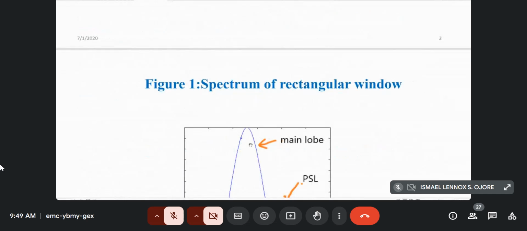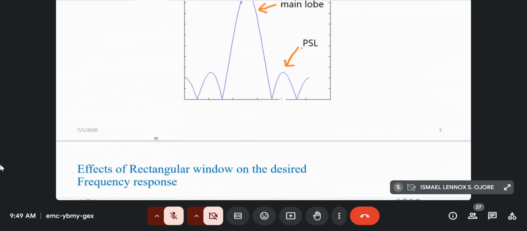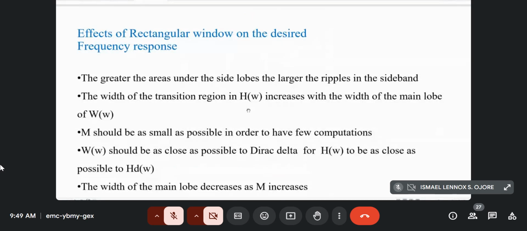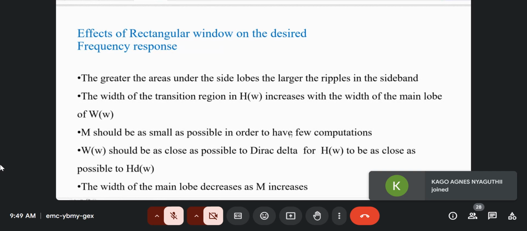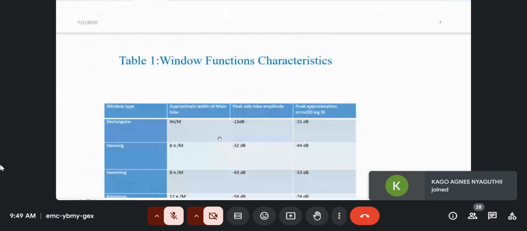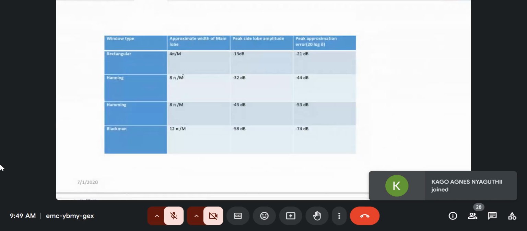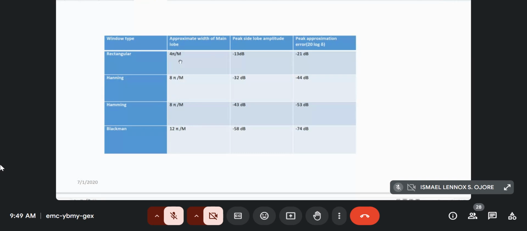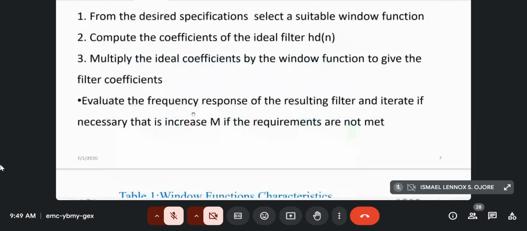The width of the transition depends on this. M should be as small as possible in order to have few computations. And we are going to see this M. You can see this M is important here. That is the order.